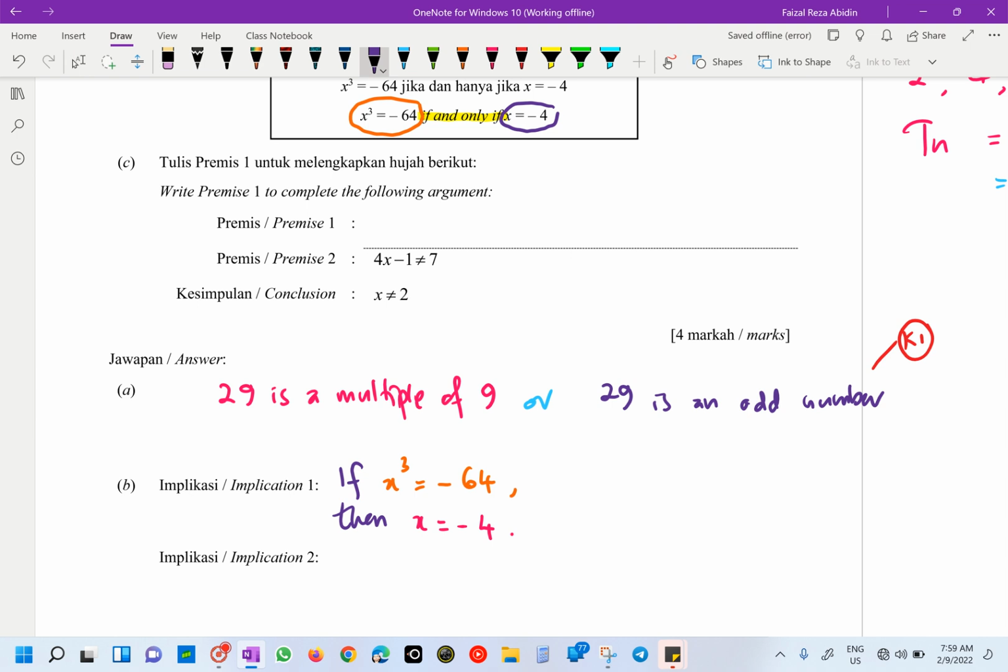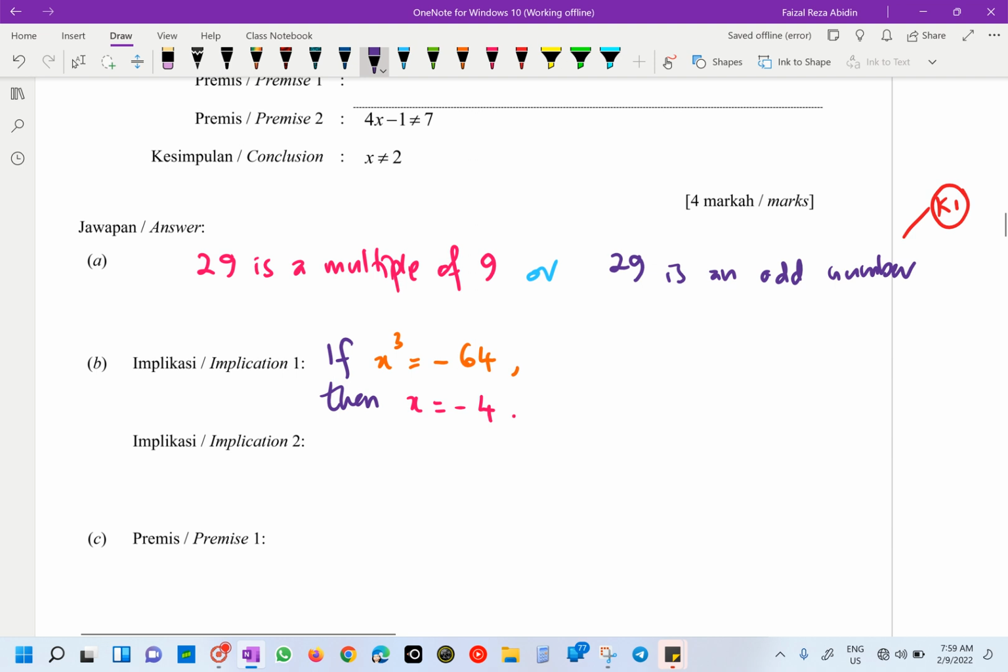Next, we are going to flip it. So, copy again. If we take x equals to negative 4, then x cube equals to negative 64. Dot.